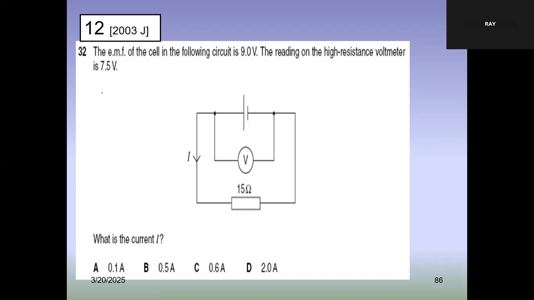Yeah, this is the R1, R2 formula again. This one is a simple circuit only. They are just telling you the EMF and internal resistance. They don't draw it for you. You have to imagine it's inside there.